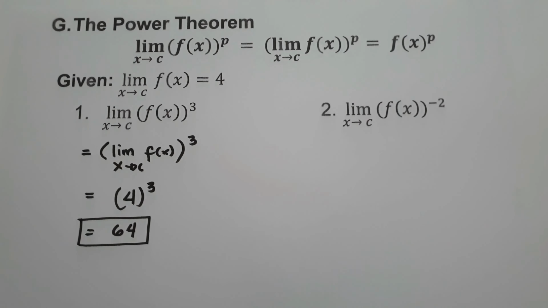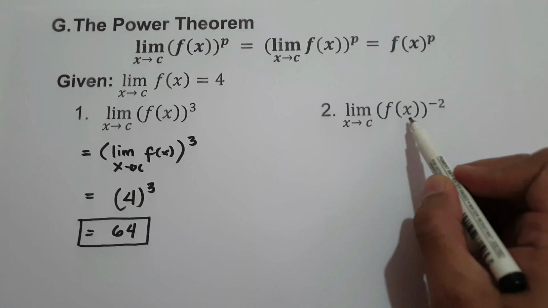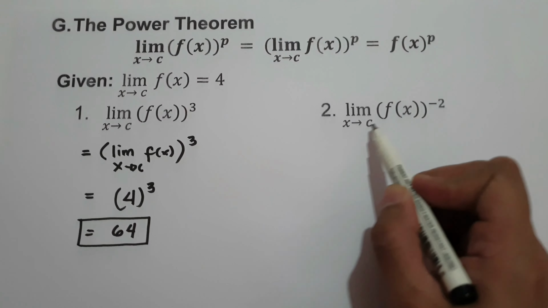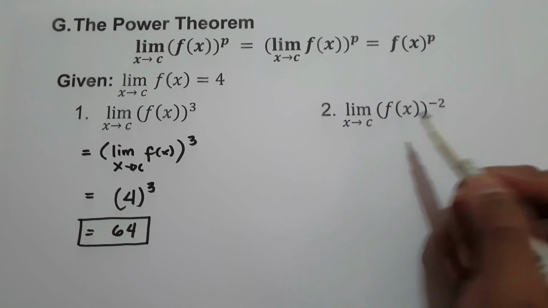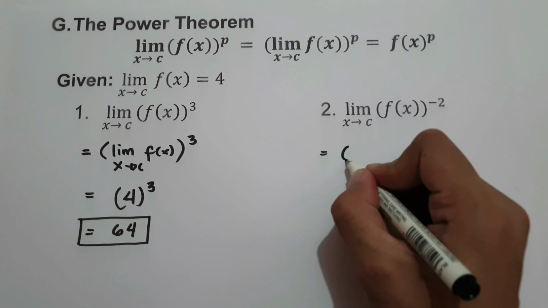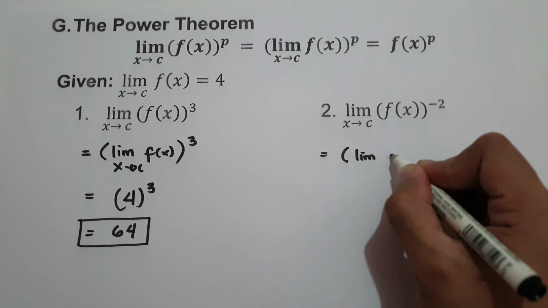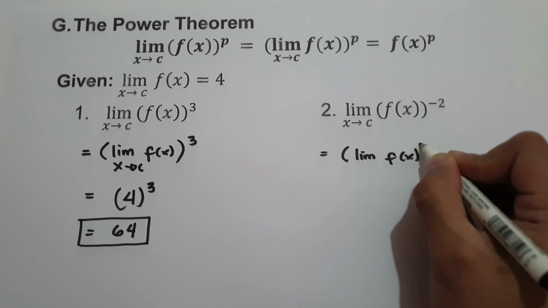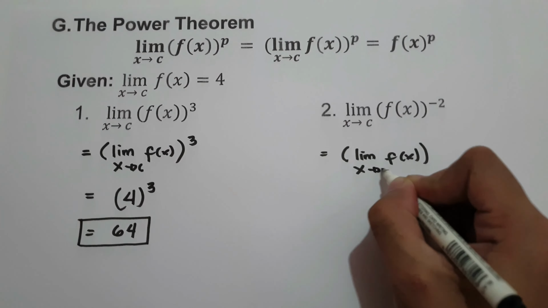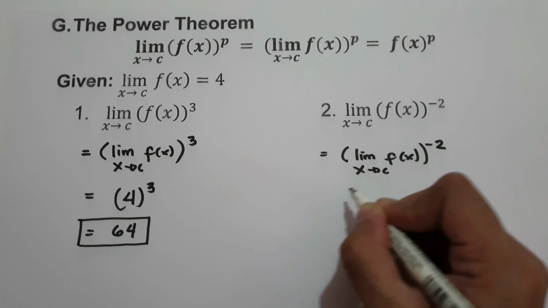On number 2, we have the limit of f of x raised to negative 2 as x approaches c. So let us have the quantity of the limit of f of x as x approaches c raised to negative 2.